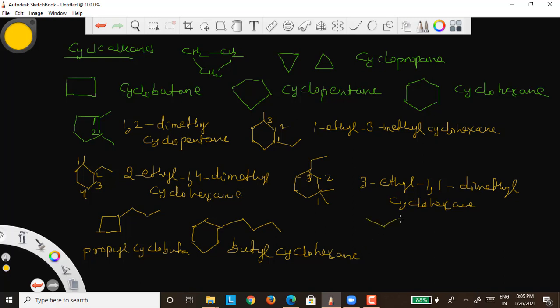Now what will happen if you have this? If you have this, then the cyclopentane cyclic compound is the main group, and here an alkane is there.